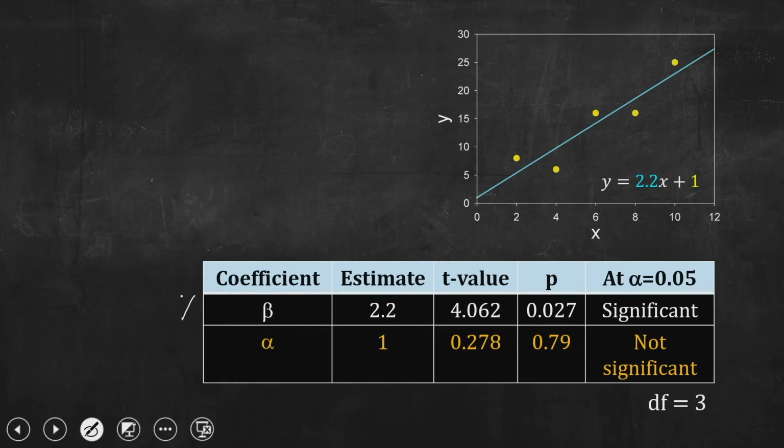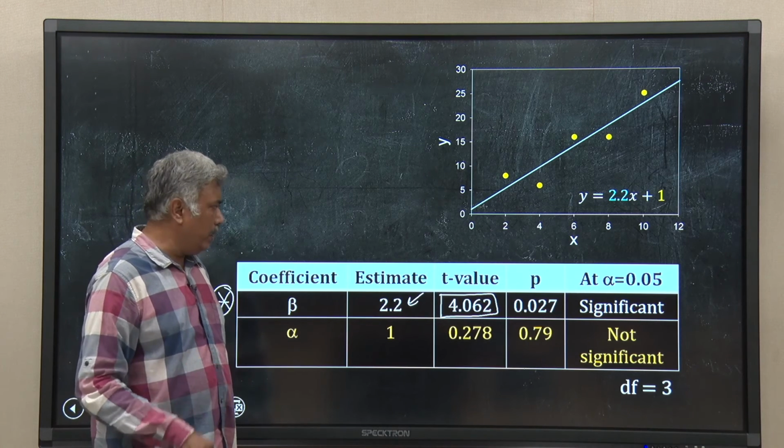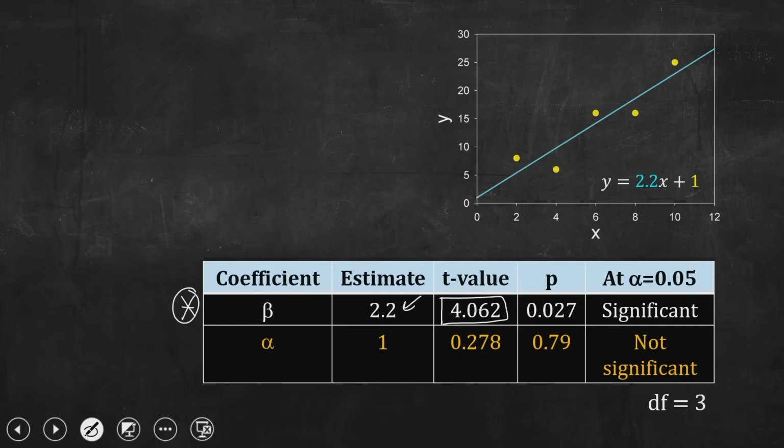So, let us see the data. This is my beta, estimated value you already know 2.2, and its T value for the null hypothesis came out to be 4.062. Using a suitable T distribution, we get the probability that the T value will be bigger or equal to 4.062 is 0.027, and if I use a level of significance of 0.05, then this P is less than 0.05.